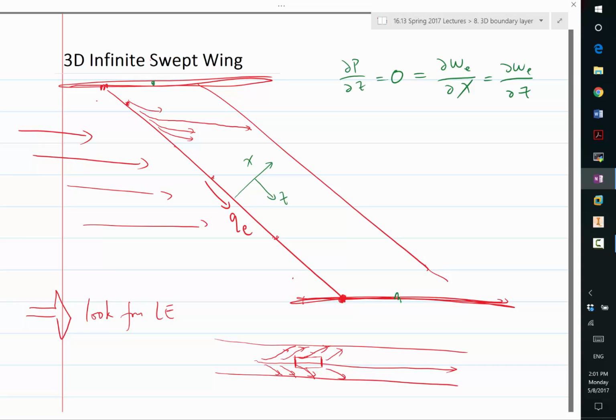So w is uniform everywhere, not just immediately outside the boundary layer, but everywhere outside the BL. W is uniform, right?